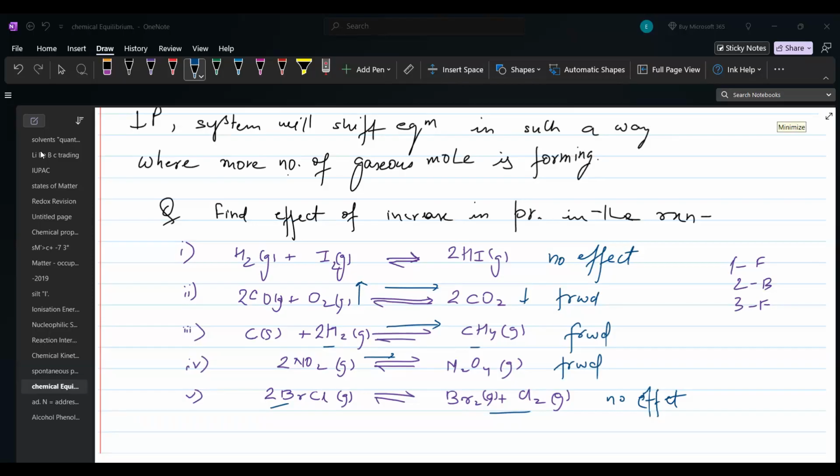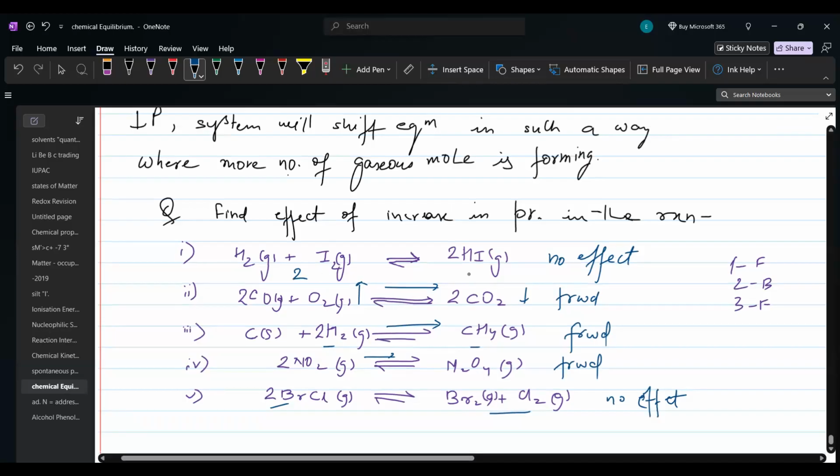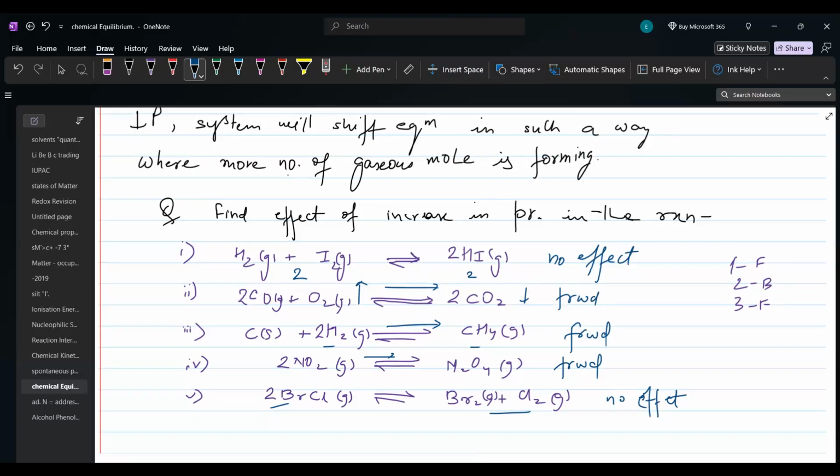So let's see the first one. The first one says hydrogen and iodine, and we have 2HI. So 2 moles of gas are present on the reactant side, and 2 moles of gas are present on the product side also. Since the number of moles on both sides is the same and the system is already in equilibrium, when you increase the pressure, hydrogen and iodine and HI are already in equilibrium.